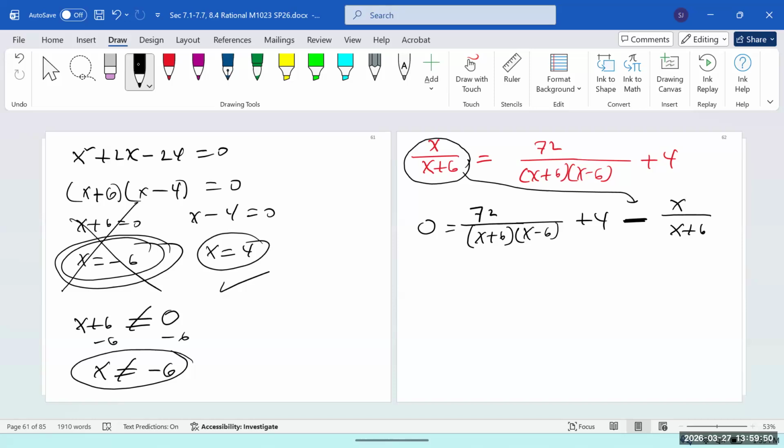And then we look for our LCD. What's the LCD? We have x plus 6 and x minus 6, so you have to take both of them: (x plus 6)(x minus 6). And if you compare x plus 6 with x plus 6, it's the same thing, so you don't have to take anything extra.